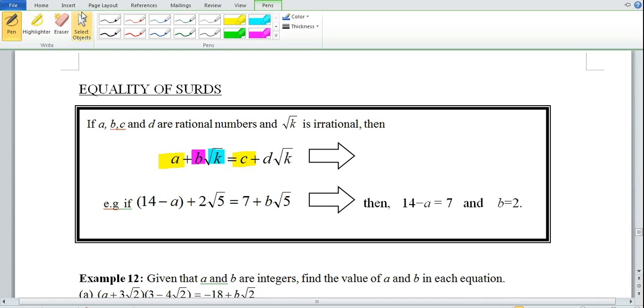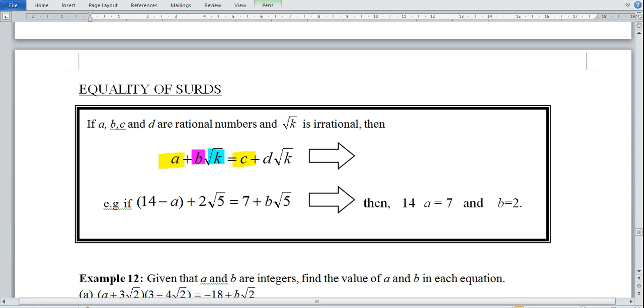So if I were to rewrite it, I can hence say that a is equal to c and b is equal to d. The comparison is made possible because of the format of both the left-hand side and the right-hand side having the same surd.